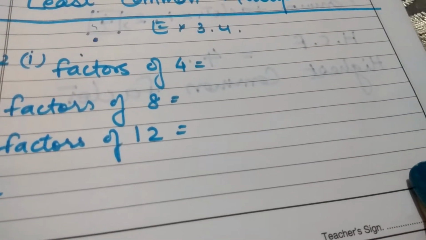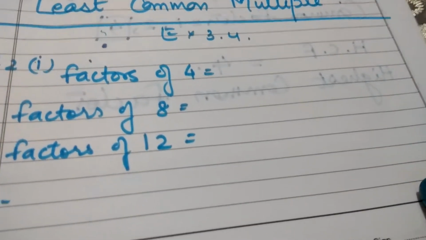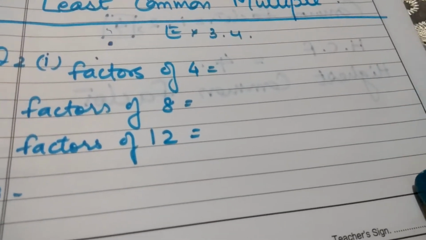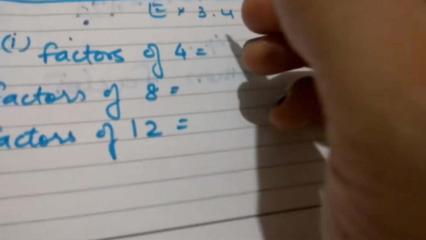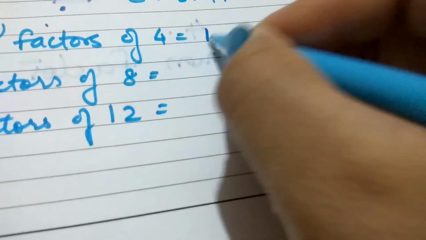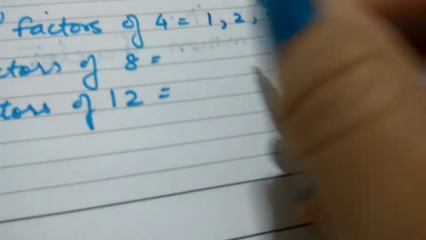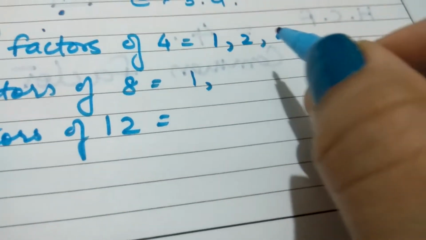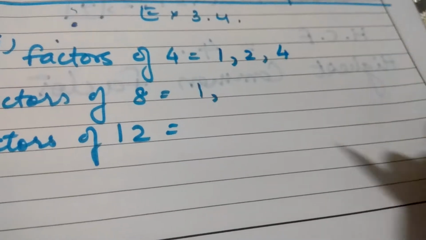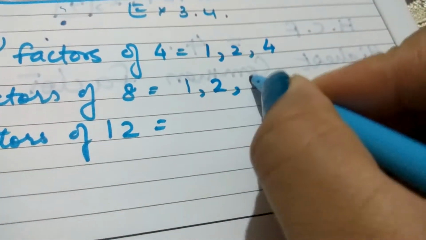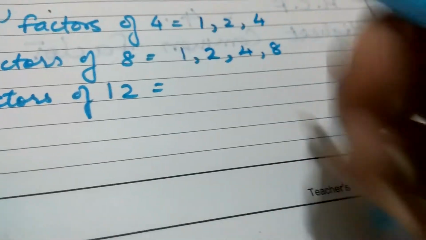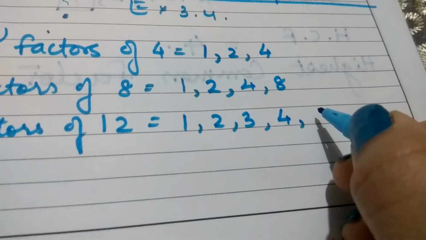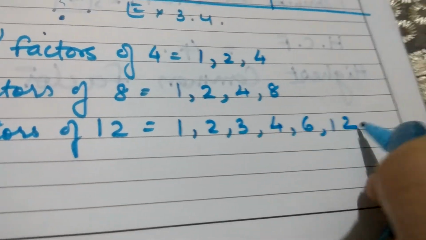We are taking the chapter Playing with Numbers, and I am taking up Exercise 3.4, where we have to find the common factors of 4, 8 and 12. First we will find the factors of 4, which we get as 1, 2 and 4. Now factors of 8, we have to use the previous method that I have told you, and factors of 12 will be this.